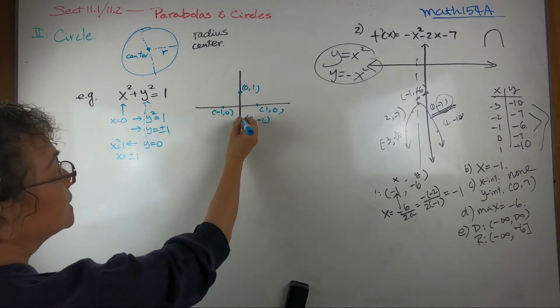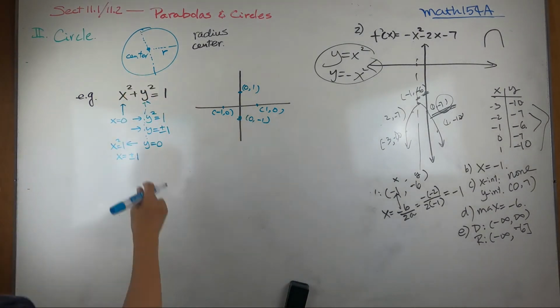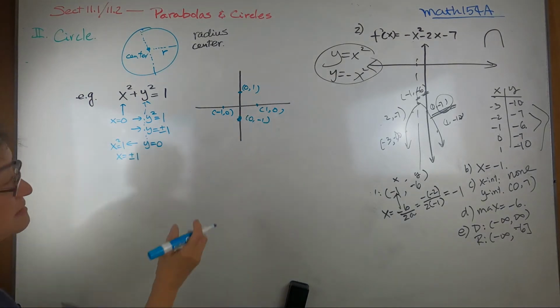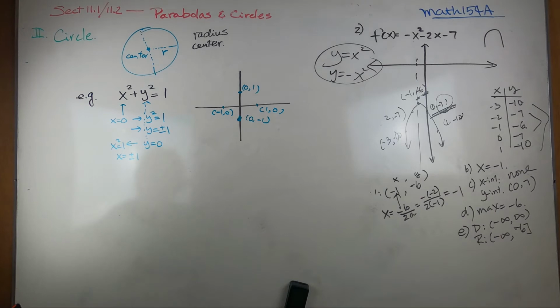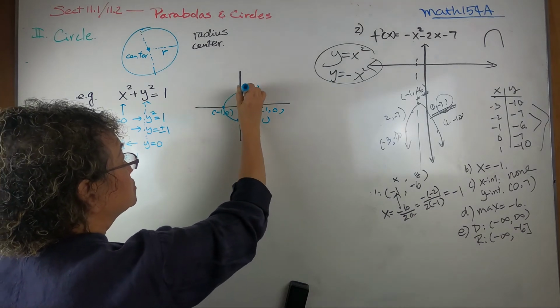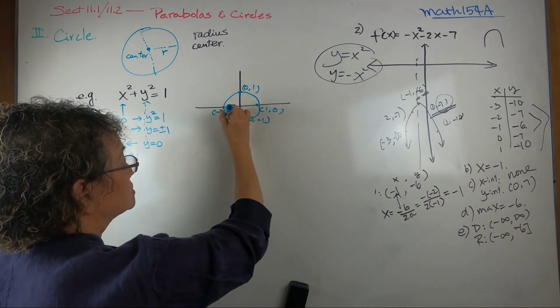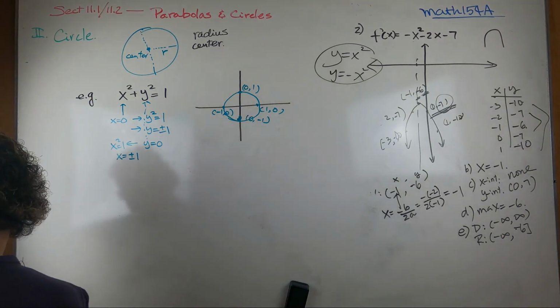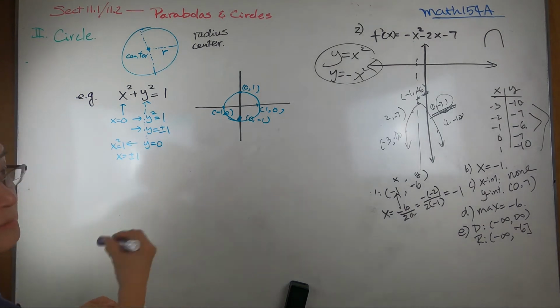So if you connect all the points, you can have other points too, right? They will not be good numbers, maybe, like square root 2, square root 3, things like that, okay? So if you connect all those points, you will draw a circle like this. It ends up a circle, okay?